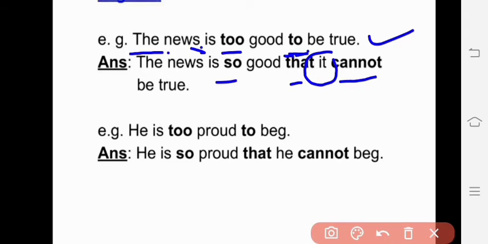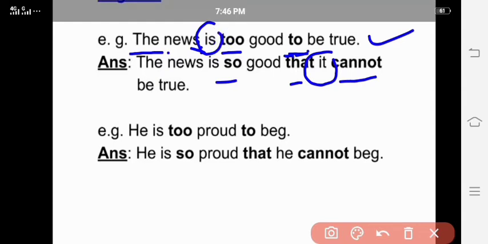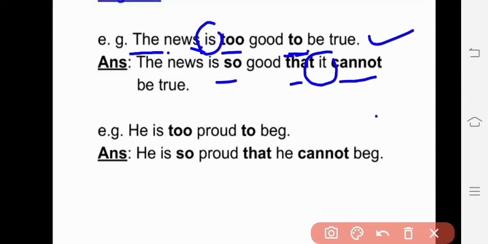Then "cannot", as "is" means it is a present tense sentence. So the news is so good that it cannot be true. You cannot write like this: the news is so good that cannot be true. You must apply "it" or a pronoun as per the subject after that.